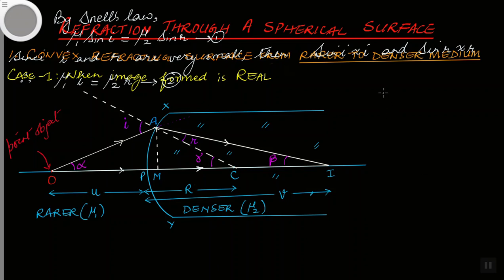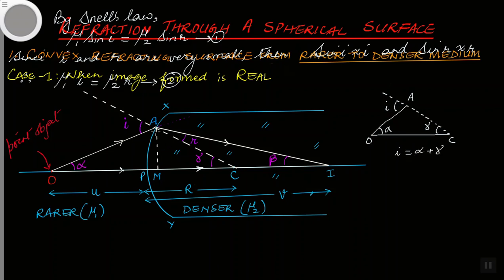This point is A, this is angle I, this is point O, and this is point C. This is alpha, and this is gamma. We know that the sum of the opposite internal angles is equal to the external angle. That is a concept from geometry. So I will be equal to alpha plus gamma.